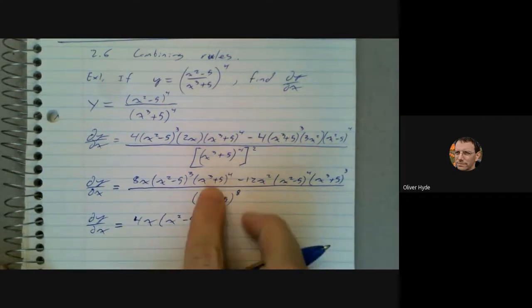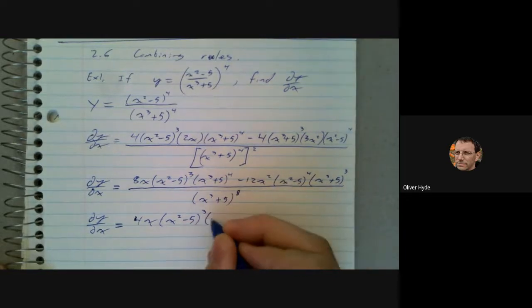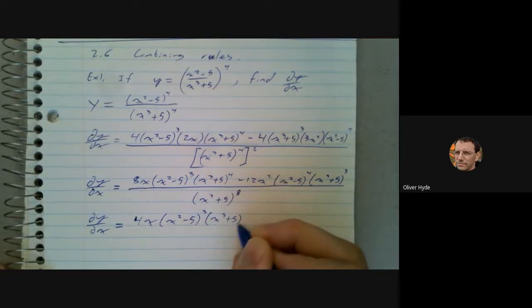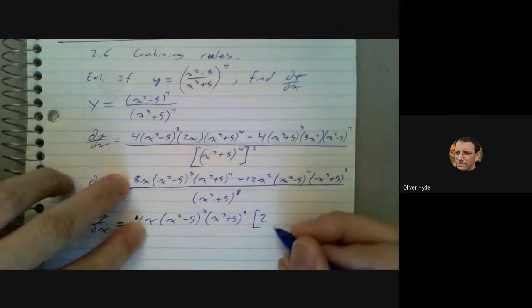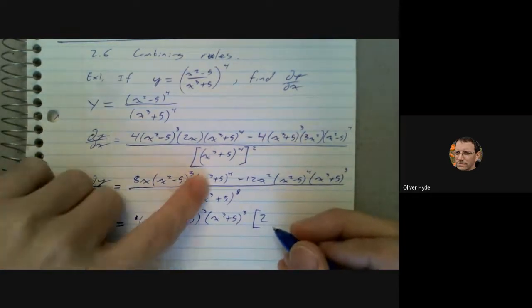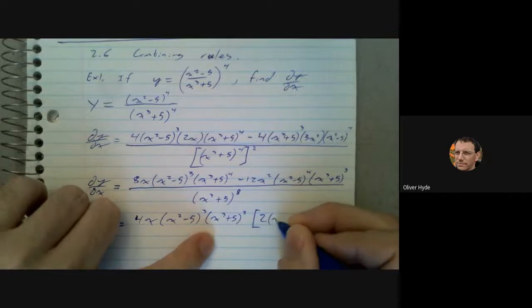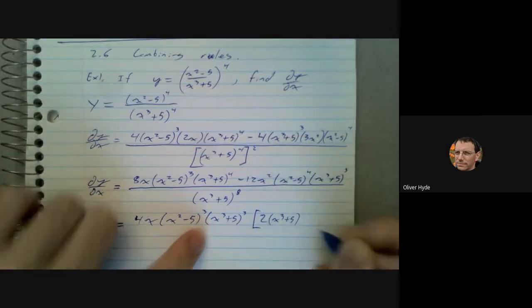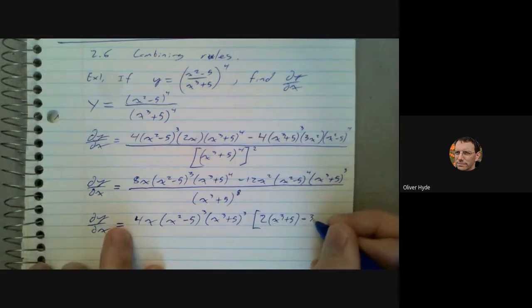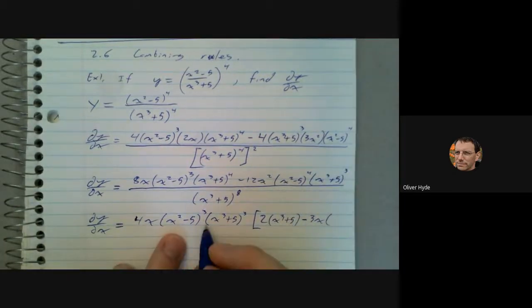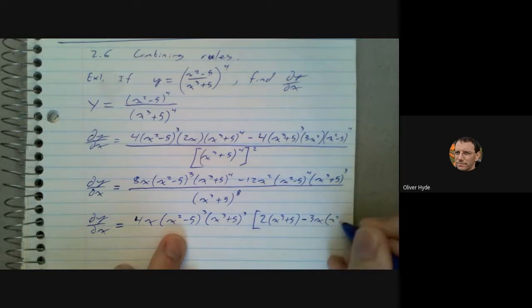And common to 4 of those bases and 3 of those bases is 3 of those bases. That will leave us with a factor of 2 and a factor of x cubed plus 5, a factor of negative 3x, and a factor of x squared minus 5.